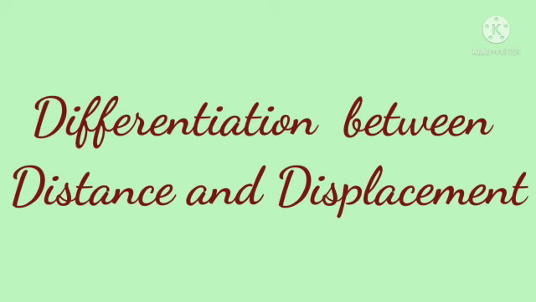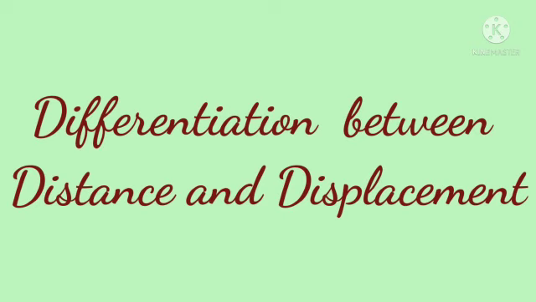Now students, see here the difference between distance and displacement. Distance is the actual path followed by a body between the points between which it moves, while displacement is the shortest distance between the initial and final points of movement. Distance traveled is always positive. Displacement may be positive, negative or zero.